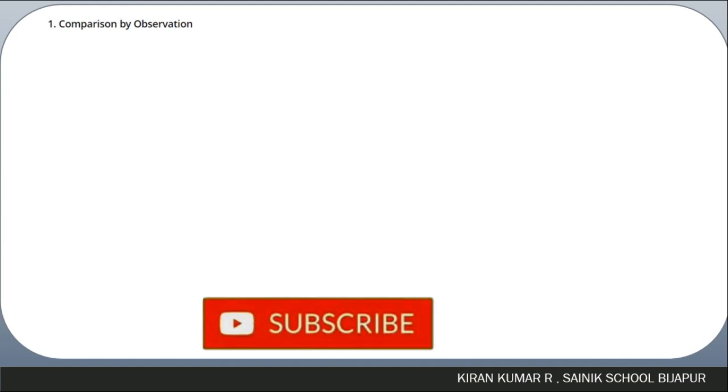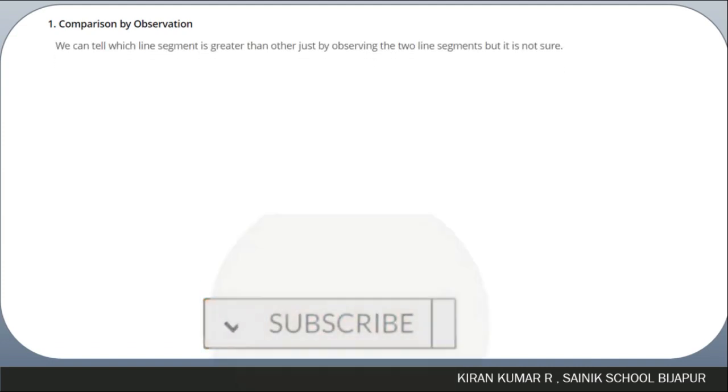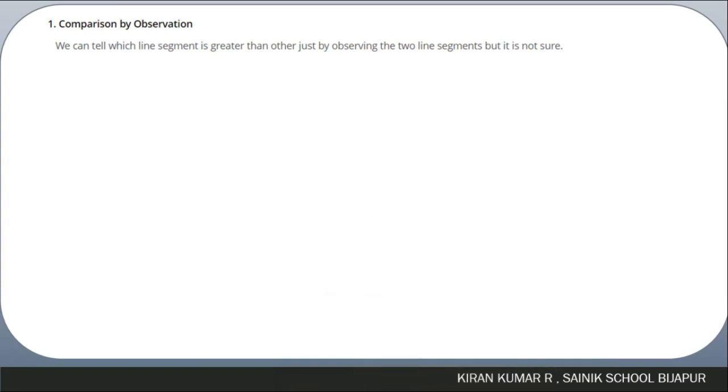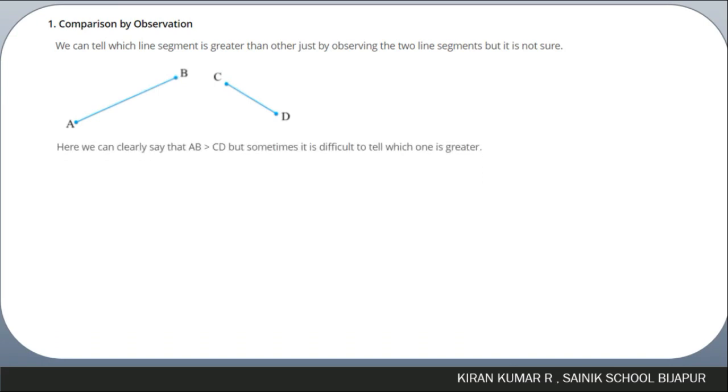We can tell which line segment is greater than the other just by observing the two line segments, but it is not sure. Suppose I have the two line segments AB and CD here, we can easily say that the line segment AB is greater than the line segment CD.